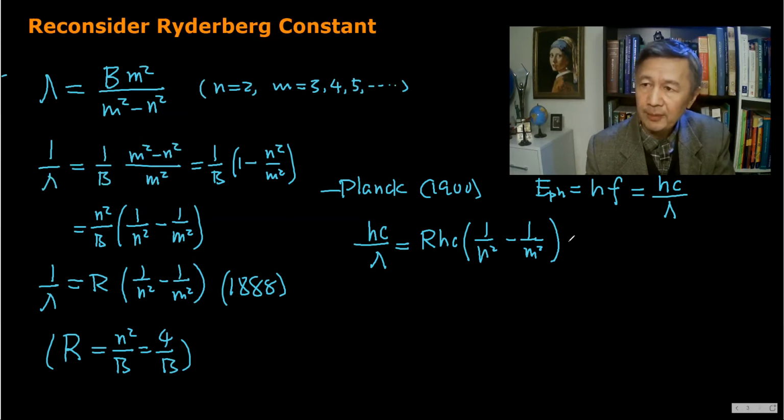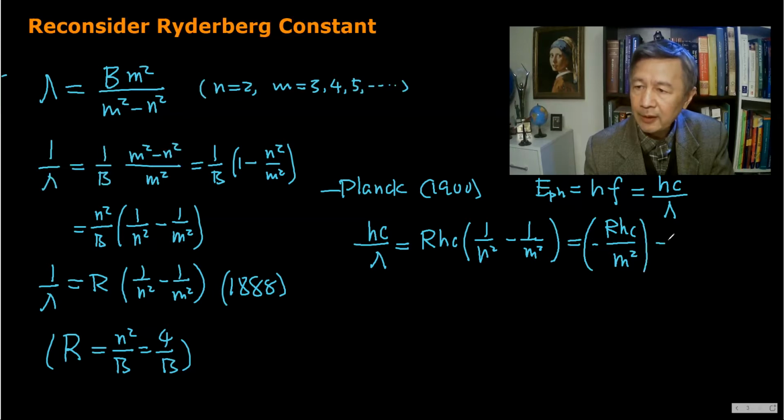This equation can be further rewritten by rearranging the formula as Rhc divided by m squared, with a negative sign put here, minus the negative of Rhc divided by n squared.